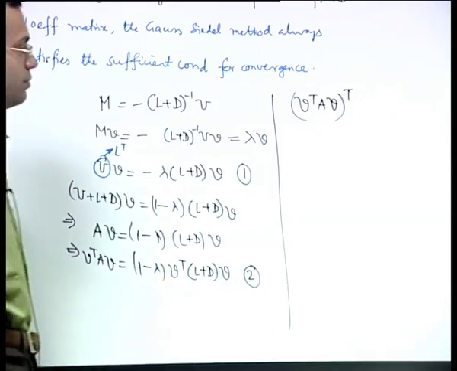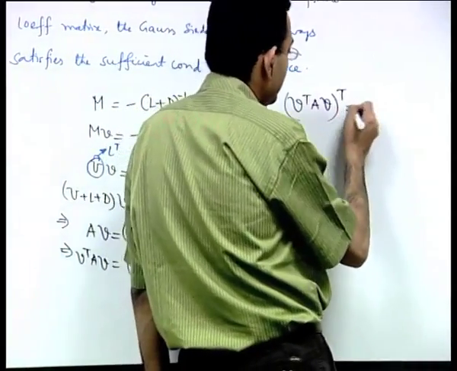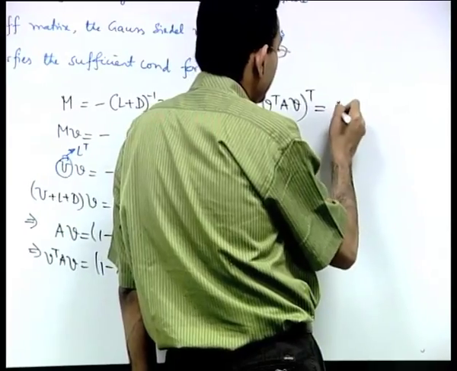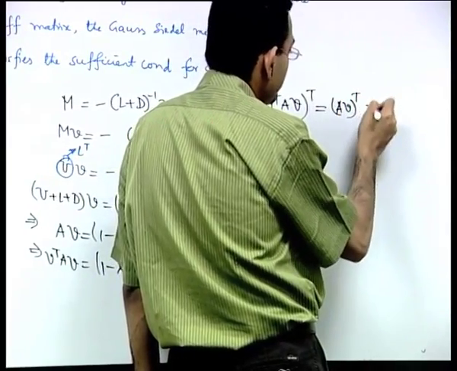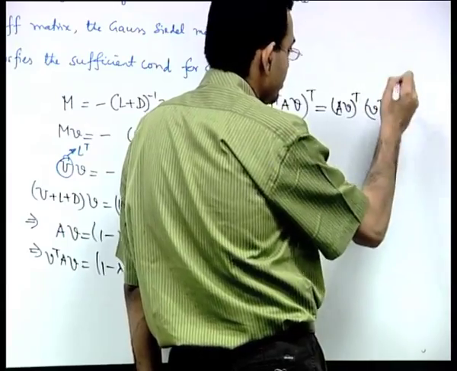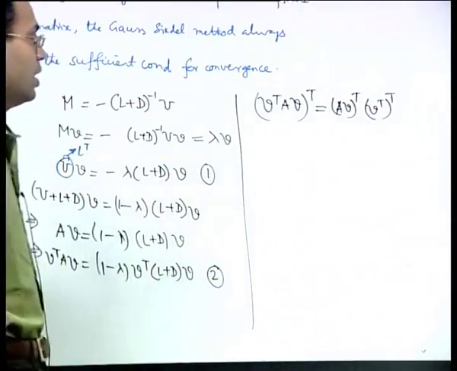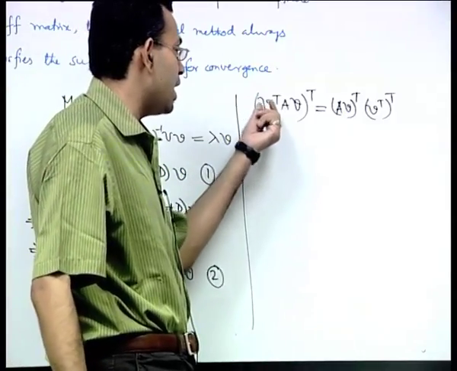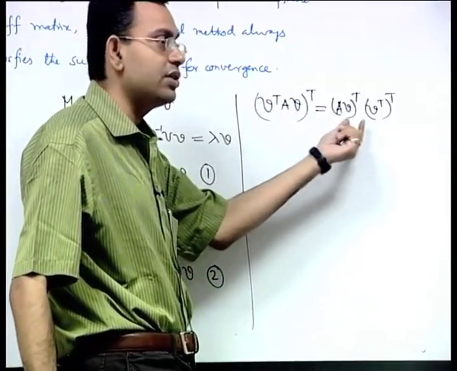If you calculate the transpose of V transpose AV, it is as good as V transpose A transpose into V transpose transpose, since the transpose of A B equals B transpose into A transpose.